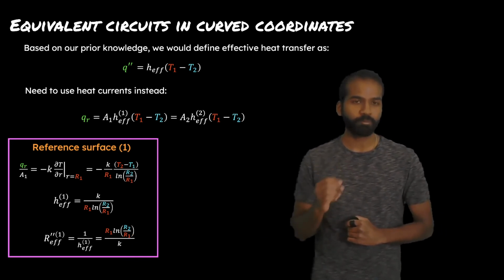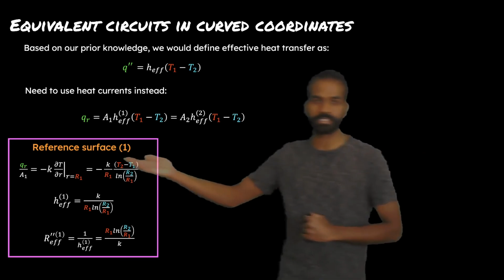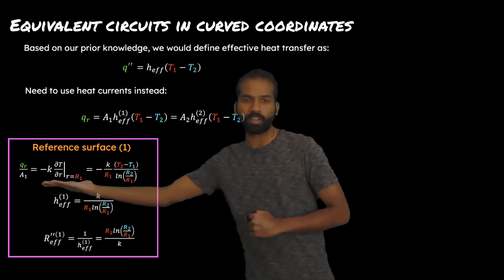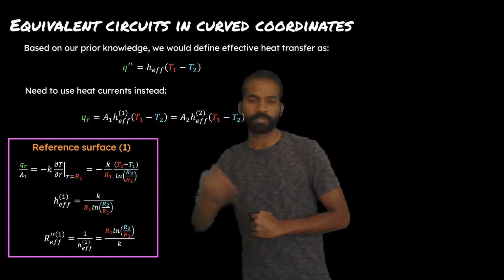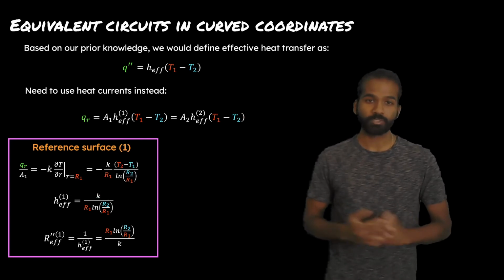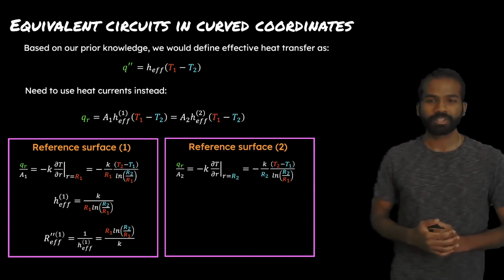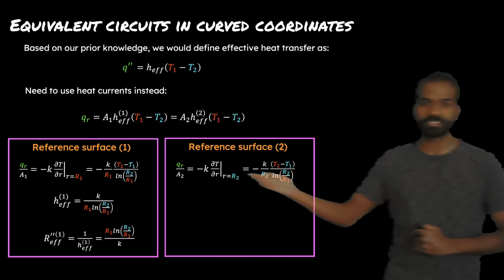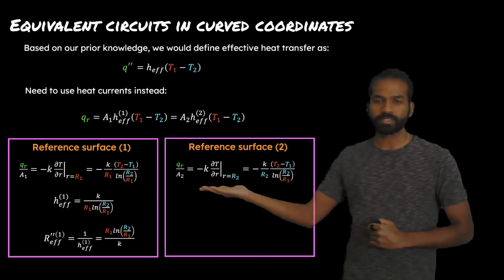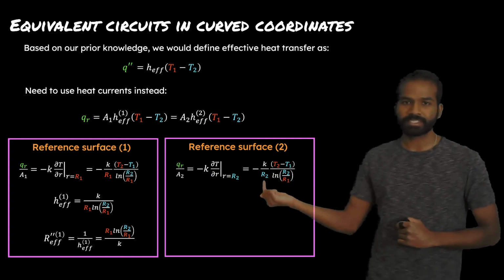Here we have implemented reference surface 1 because this flux was evaluated at r equals r sub 1. But we could do this instead with reference surface 2 as well. So if we use reference surface 2, we would instead evaluate that flux at r sub 2. That means that here in the denominator, instead of r sub 1, we have r sub 2.